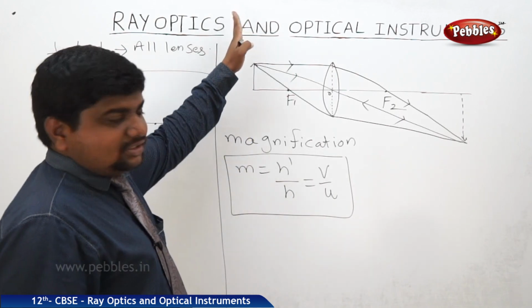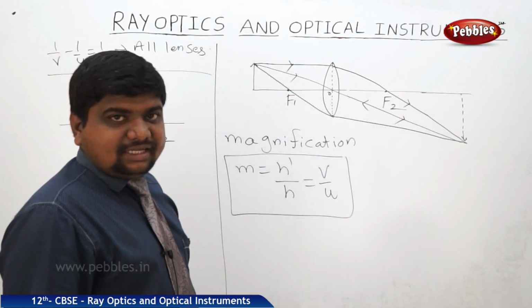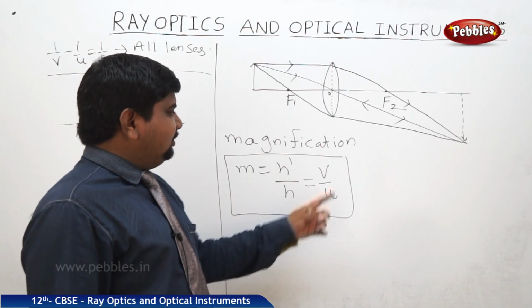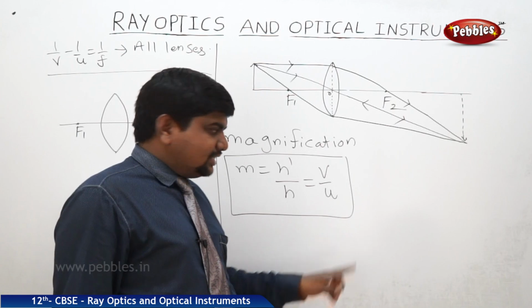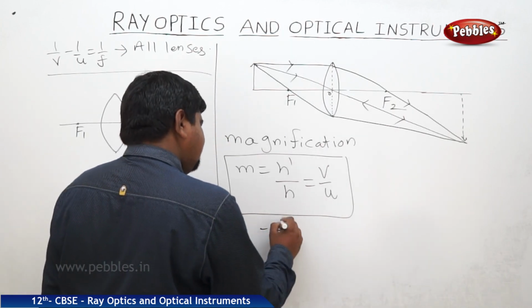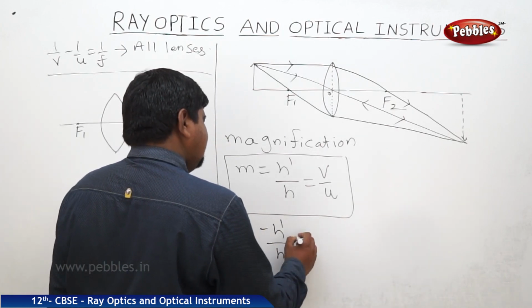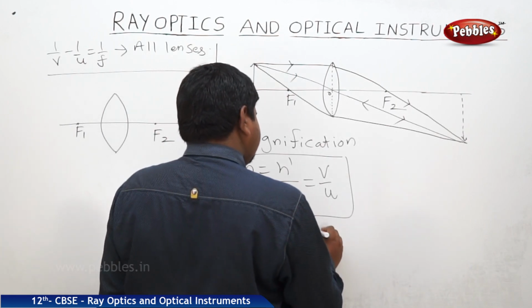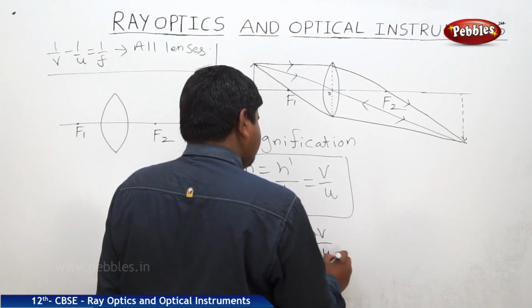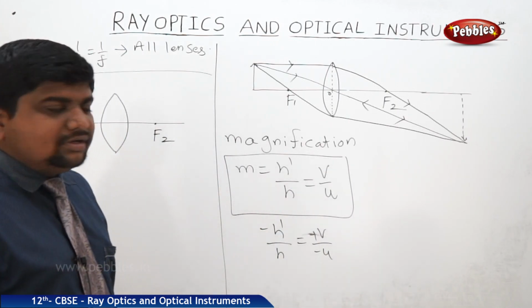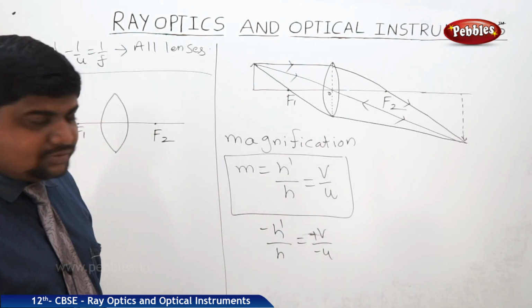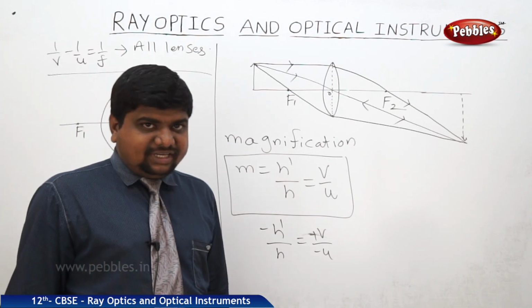Why are we eliminating the minus? The object is on the positive scale, the image height is on the negative scale, but v is on the positive scale and u is on the negative scale. So we get −h'/h = +v/(−u). Minus and minus get cancelled out, that's why we get h'/h = +v/u. So this is the formula for the magnification.